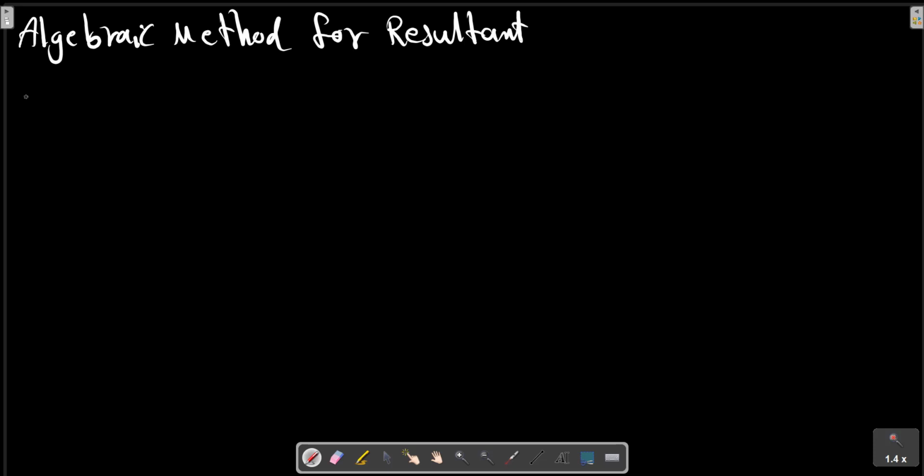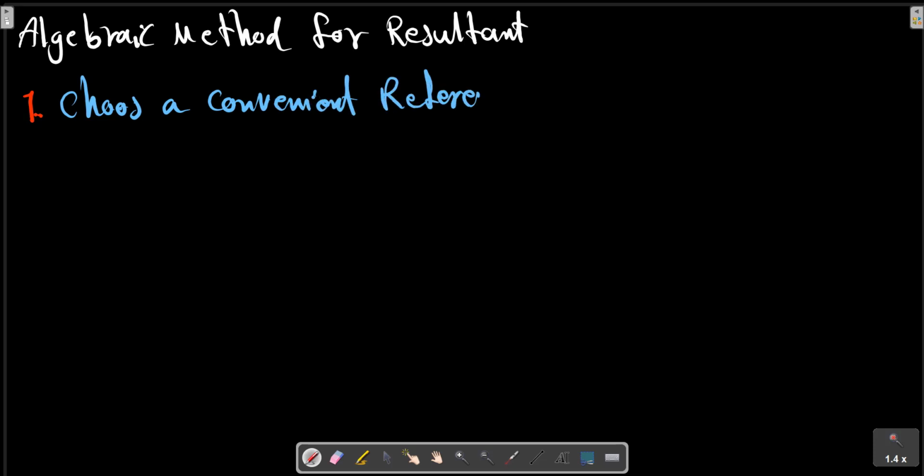1. Choose a convenient reference point and move all forces to that point.